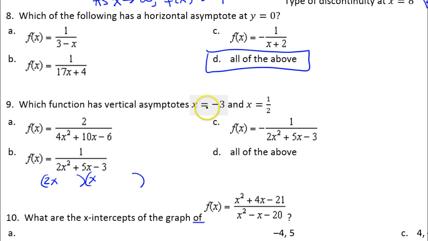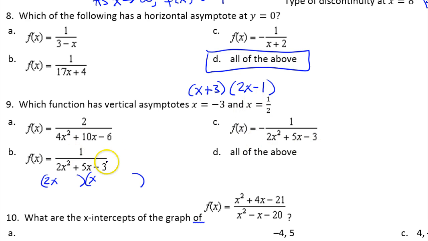So if I'm going to have x equals -3, that would come from a factor of x plus 3. Don't you see? And if I'm going to have a 0 of 1/2, that would come from a factor of 2x minus 1. Now that might be tricky for you to picture, many of you.